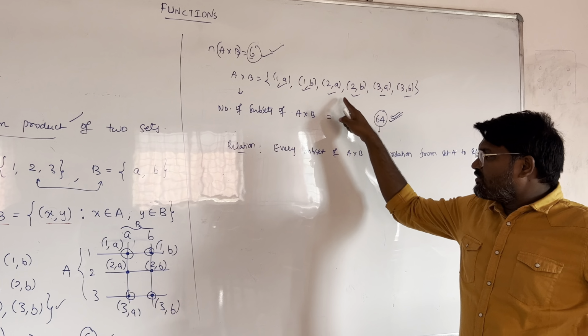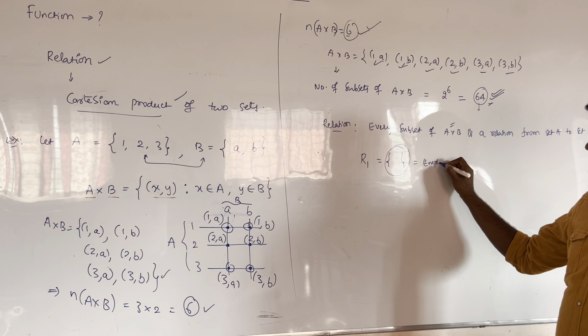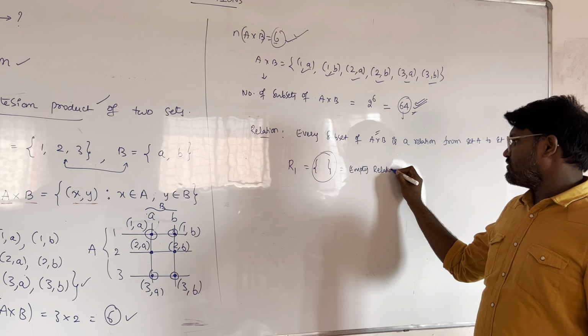To mention a few, we know that the null set is a subset of every set. So among these 64 relations, the empty relation is also one of the relations. That's why we call it the empty relation or void relation. Like that we can define 64 relations.